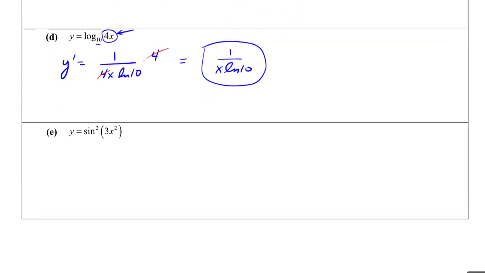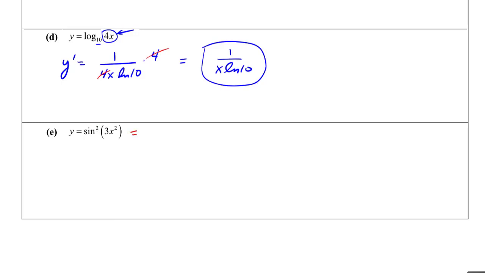Okay, now let's look at a really messy one here. And there's a lot going on in here because of multiple layers and notation. Okay, so the first thing here is sine squared of 3x squared. This is not a helpful notation here because this sine squared is a shorthand notation.